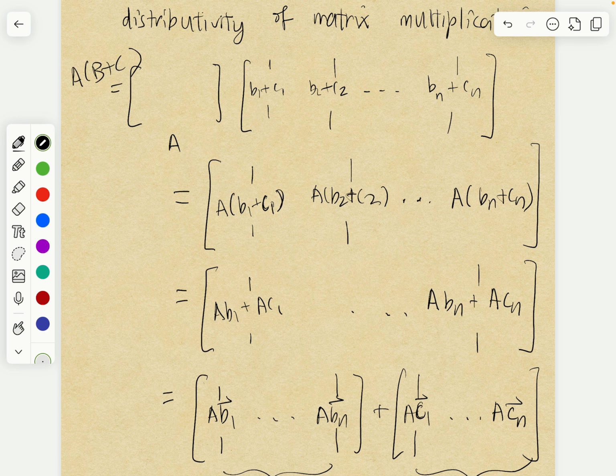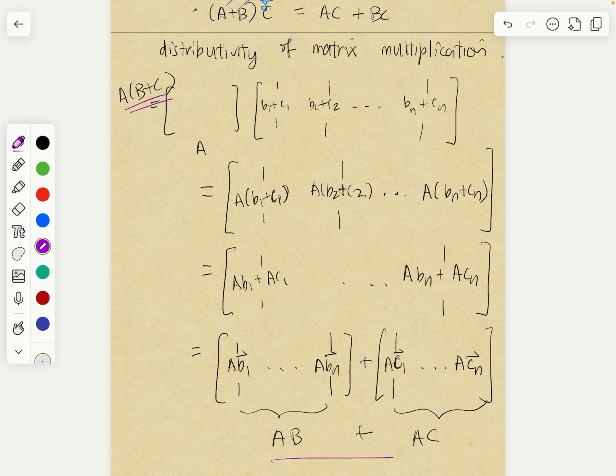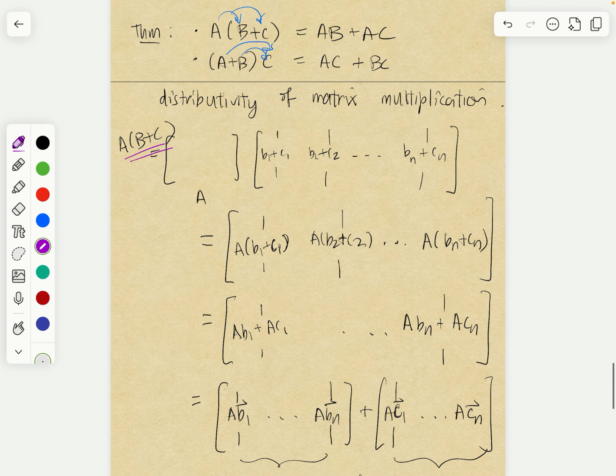That's basically the reason why this is true, that this matrix is the same as this matrix. And that's the proof of the first property, and then the second property is similar.